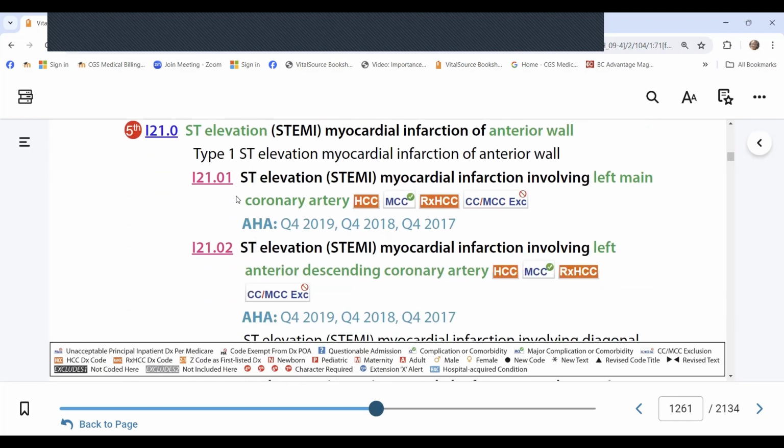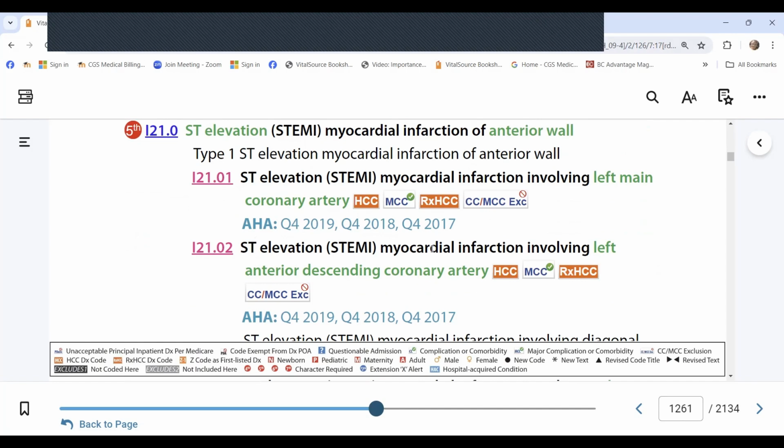Notice now I21.0. This is a STEMI, but where is it in the heart? The anterior wall, the left main coronary artery. Again, the left anterior descending artery.